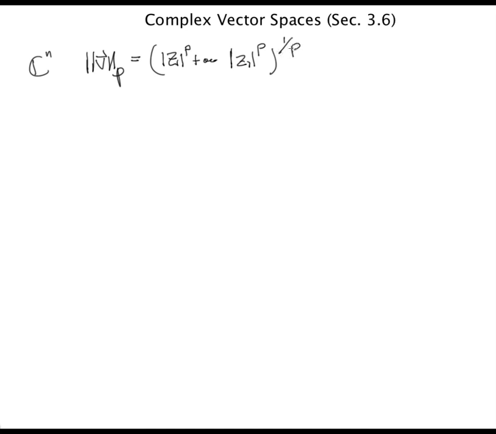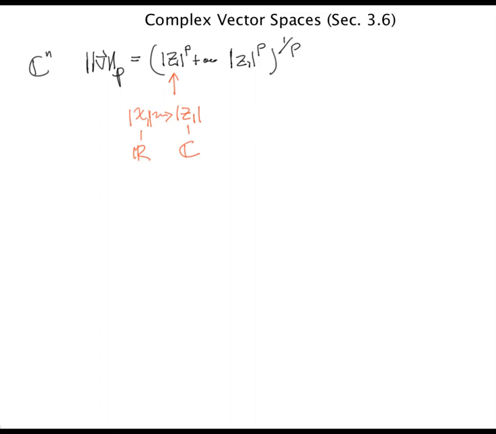So it's just like for real vector spaces, and the main thing is when you go from real to complex, instead of x1 you have the absolute value of z1. Over R you'd have the absolute value also, and you just use the absolute value of a complex number.